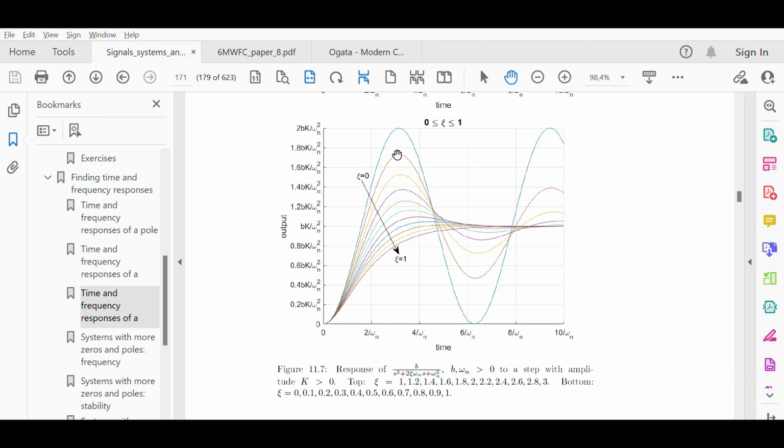This value is called the maximum overshoot. Whenever my response is above the steady state value, I have an overshoot. And the largest overshoot is, of course, the first, since the amplitude of the oscillations decreases exponentially with time.